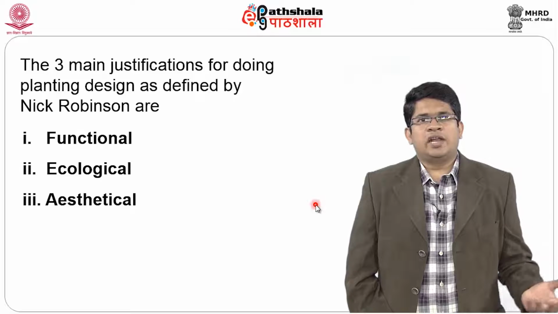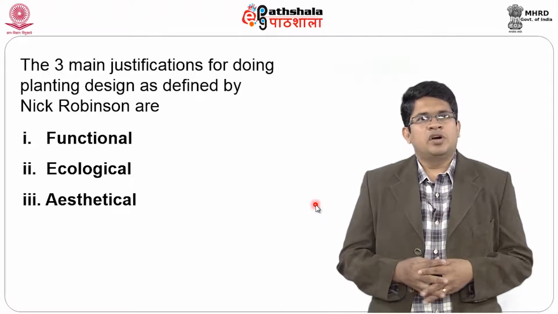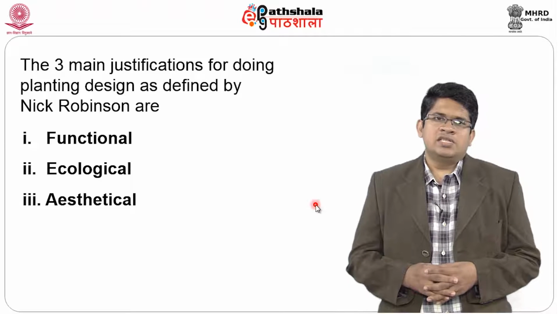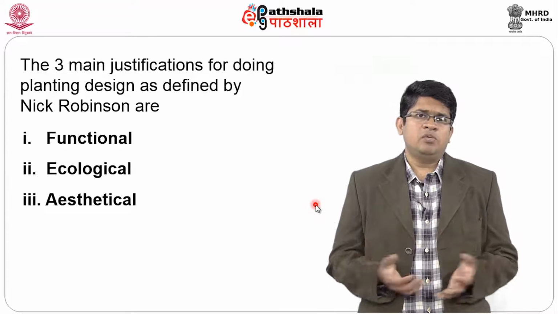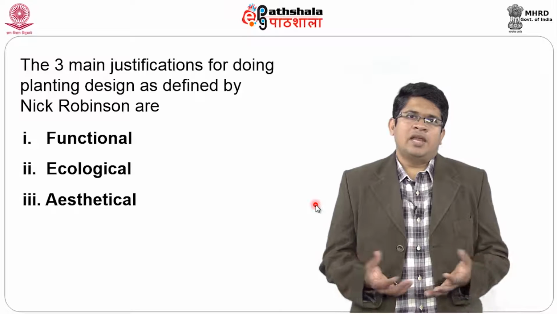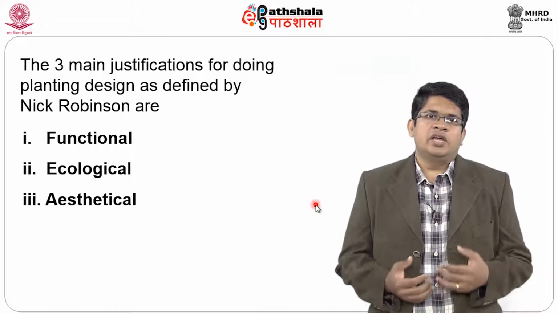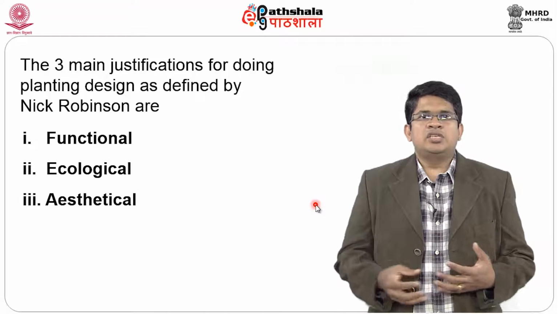If you see through the annals of history, wherever planting has been done, a certain kind of function has been intended for it. Secondly, we have the ecological justification. Our planet is in a state of flux, and it has constantly changed over the years.